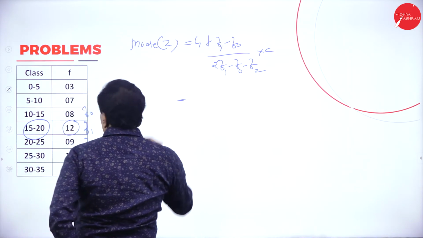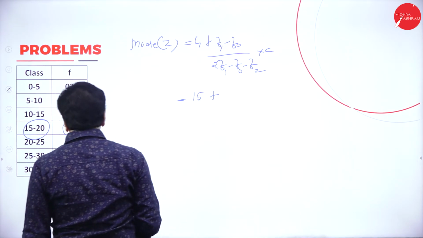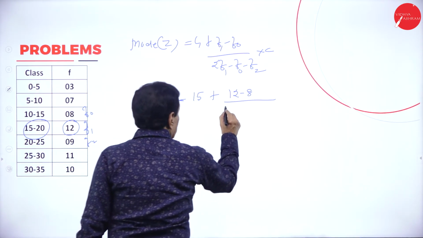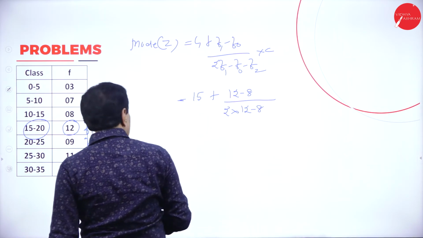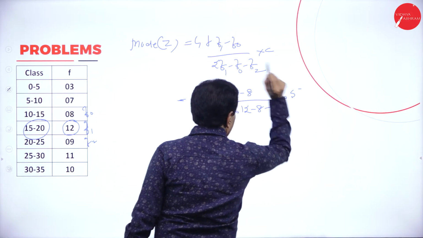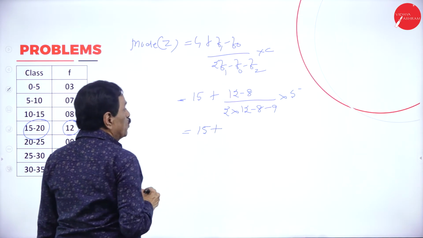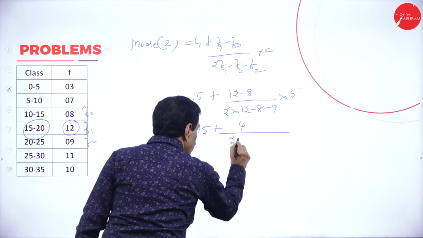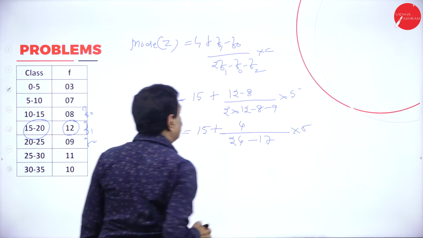Apply this. Which is the L1? 15. Plus, your F1 is 12, the number behind is 8, divided by 2 into 12, F0 is 8, the next number is 9, your class interval is 5. Simplify this. 15, 12 minus 8 is 4, this is 24, minus 8 minus 9 is 7, into 5.